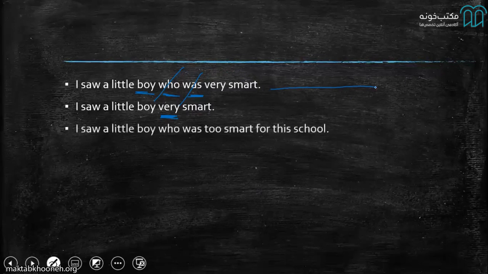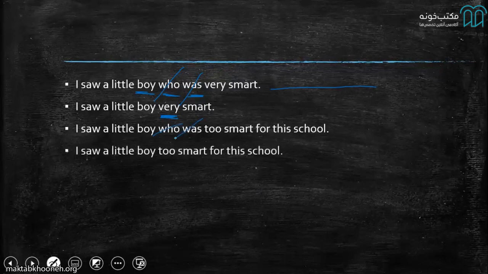Like this: I saw a little boy who was too smart for this school. Here I can remove the who and the was, and it becomes: I saw a little boy too smart for this school. So it's really what kind of information you have after that noun, right? You want to make sure that your information after the noun, of course, there should be who, that, or which plus a be verb, but that's not enough.